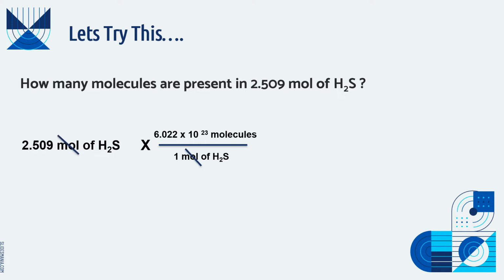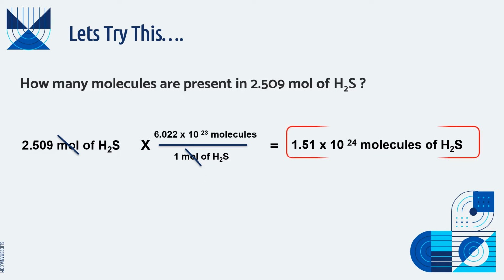Just multiply 2.509 times 6.022 times 10 raised to 23. The number of molecules of hydrogen sulfide in 2.509 mole is 1.51 times 10 raised to 24 molecules of hydrogen sulfide.